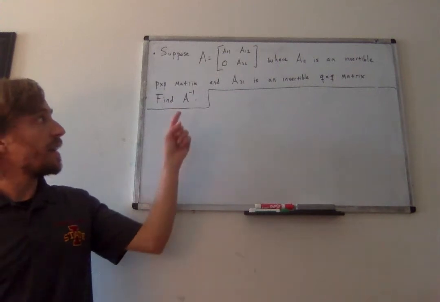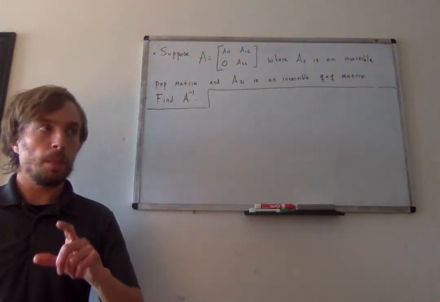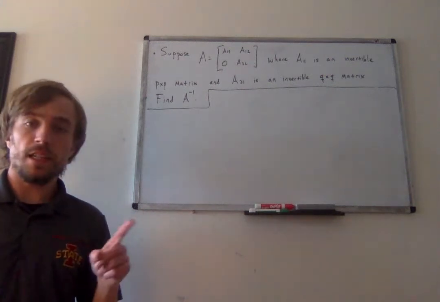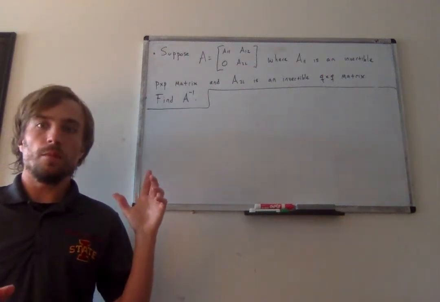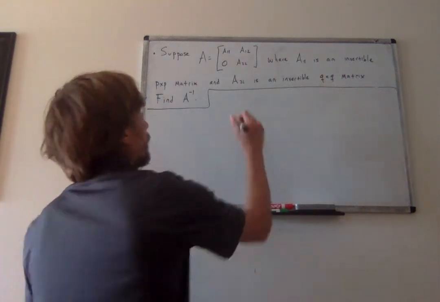So notice that A is a P plus Q by P plus Q matrix. And so if there is an inverse to A, we should have an equation like the following satisfied.